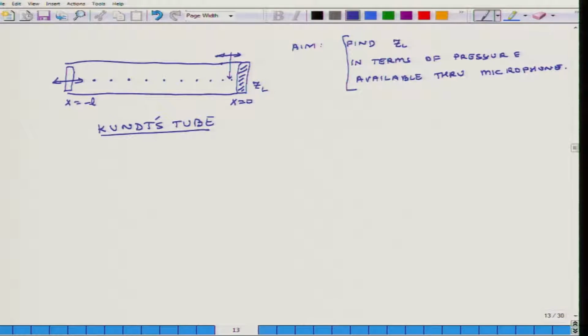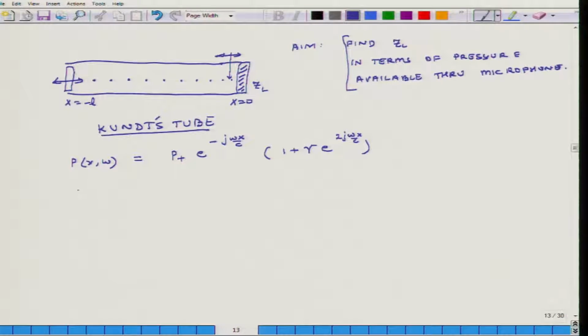Now, we had developed these two relations earlier. The complex pressure amplitude was P plus e to the power of minus j omega x over c times (1 plus gamma e to the power of 2 j omega x over c).